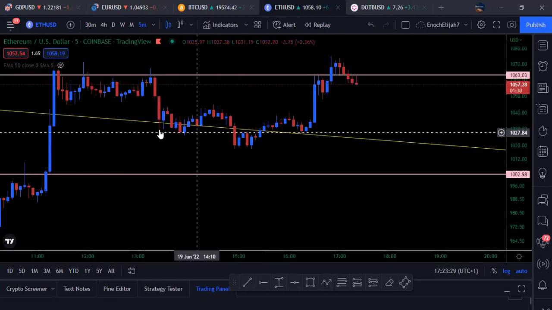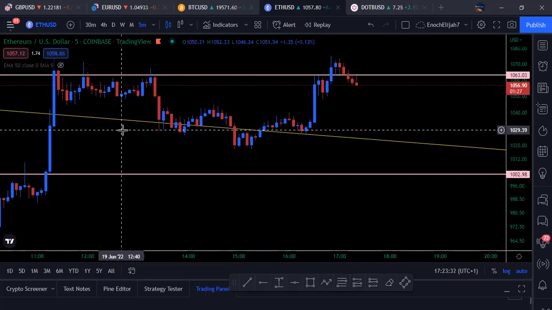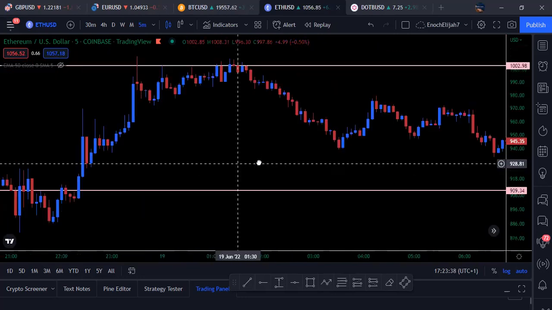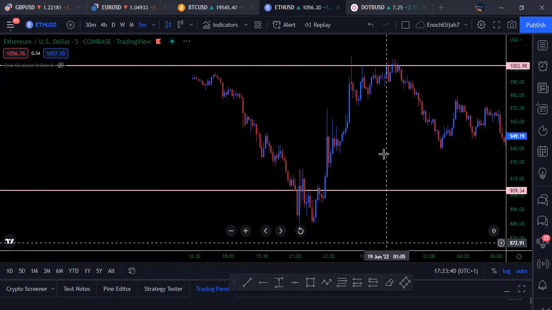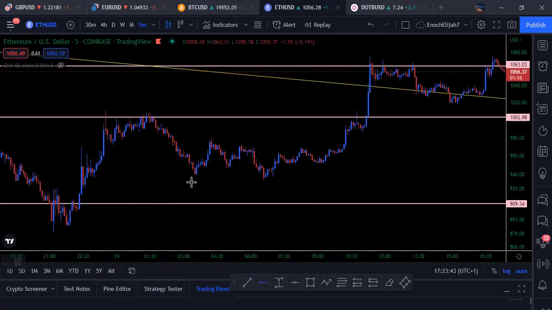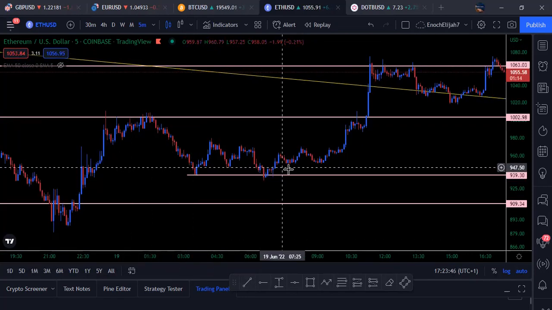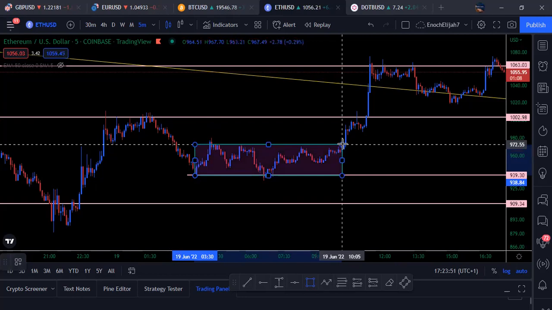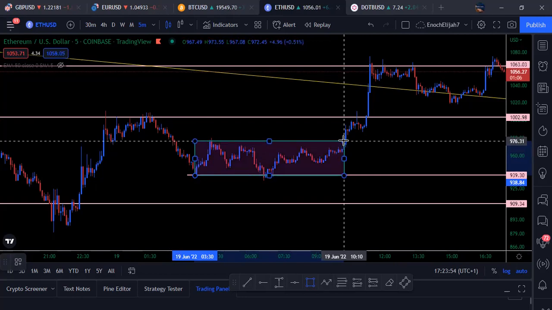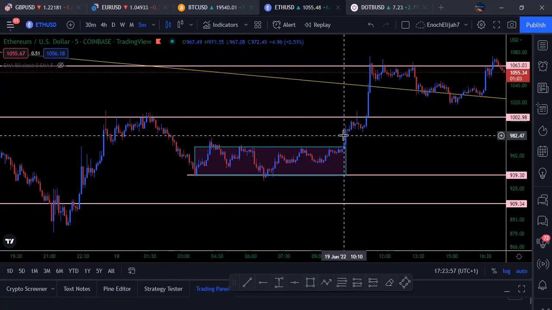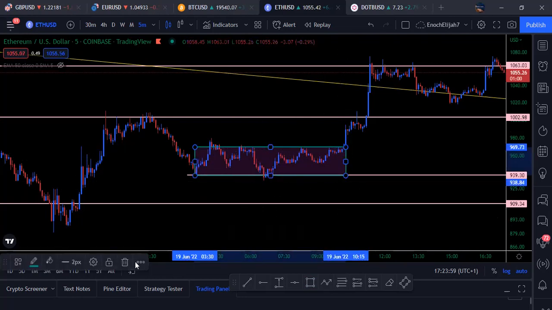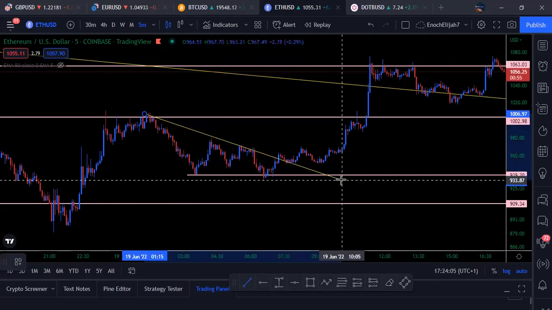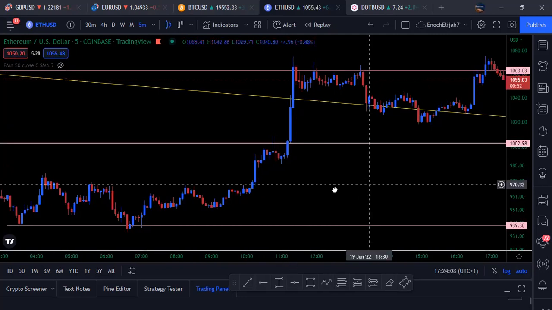Now on 5 minutes, you can see what happened here. We are having this to the bottom right there. It first did a range, range before it broke above it here with this candle. Price is ranging right there.